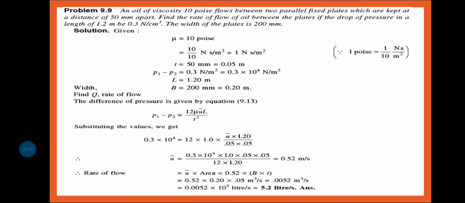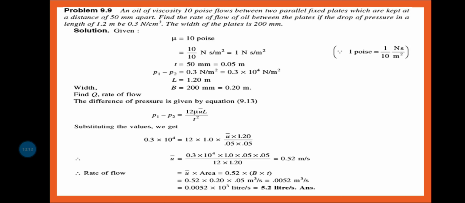Question number 9.9, again another numerical. An oil of viscosity 10 poise flows between two parallel fixed plates which are kept at a distance of 50 mm apart. Find the rate of flow of oil between the plates if the drop of pressure in a length of 1.2 meter be 0.3 Newton per centimeter cube, the width of the plate is 200 mm.